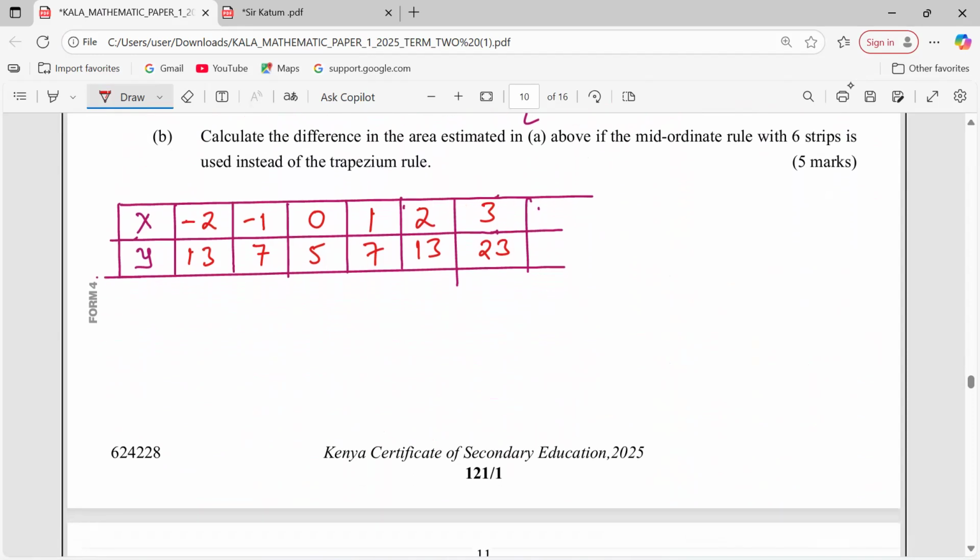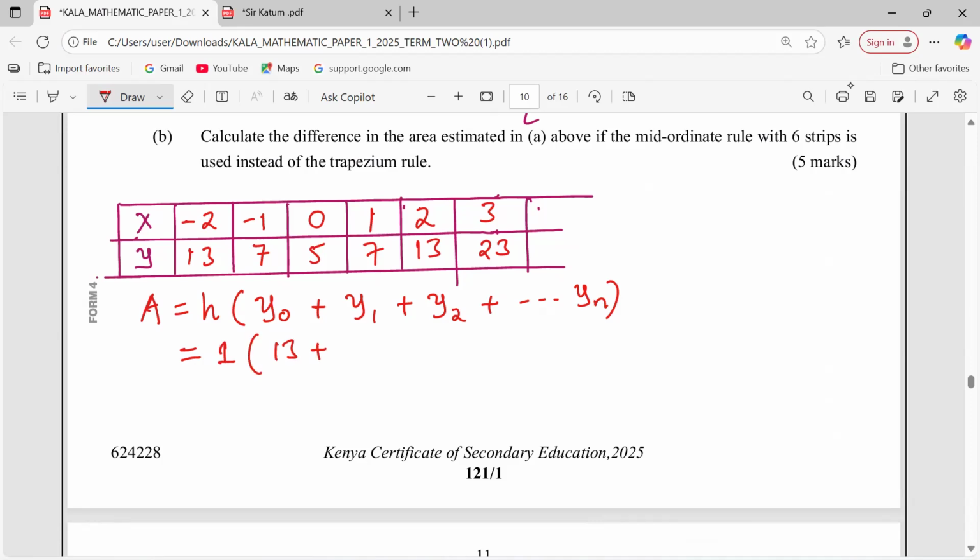So now this is what we are going to use. Area using the mid-ordinate rule is estimated by the height, which is the interval on the x-axis, into all the values of y added. The interval is 1, times 13 plus 7 plus 5 plus 7 plus 13 again plus 23.